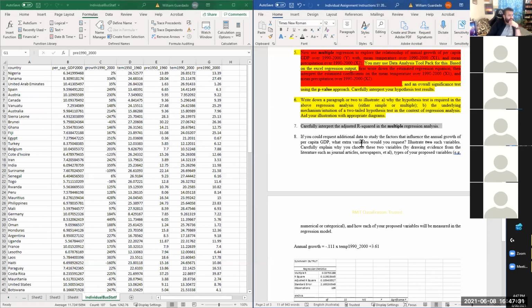Yeah, so the adjusted R squared is just, I'll just show it to you. It's called the coefficient of determination.